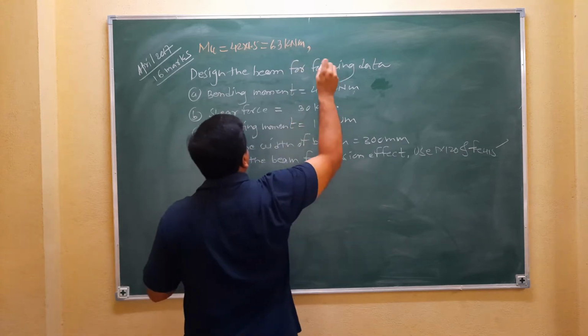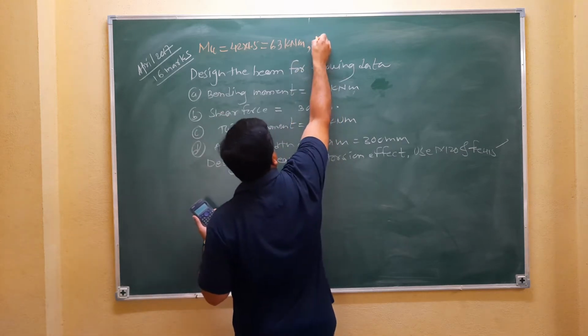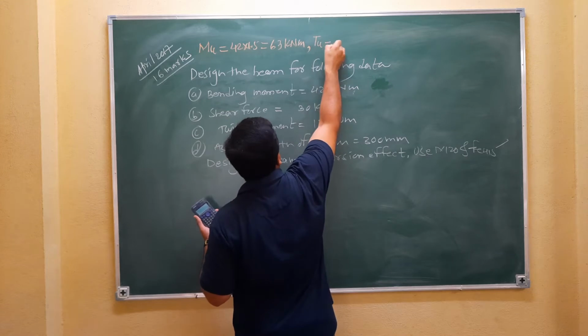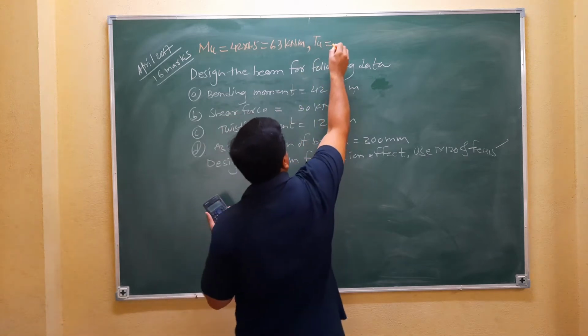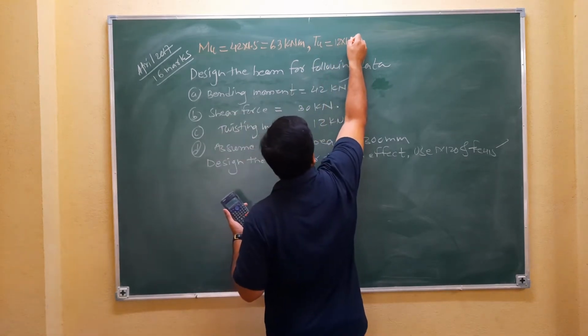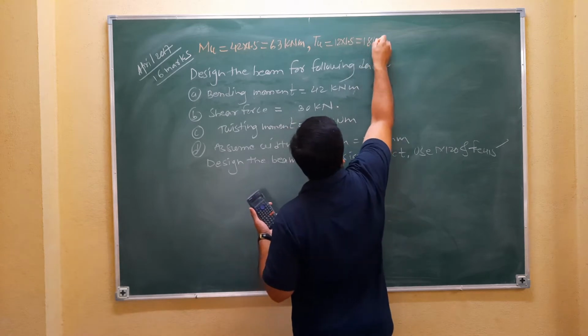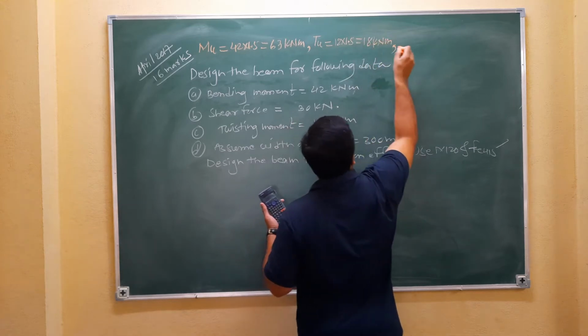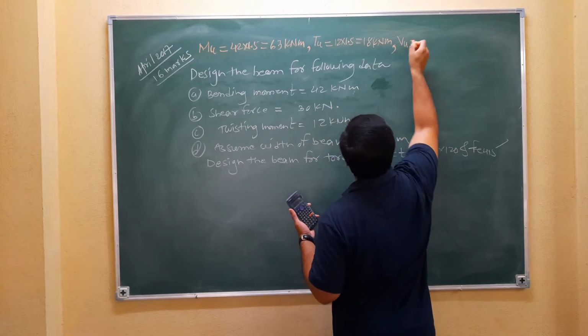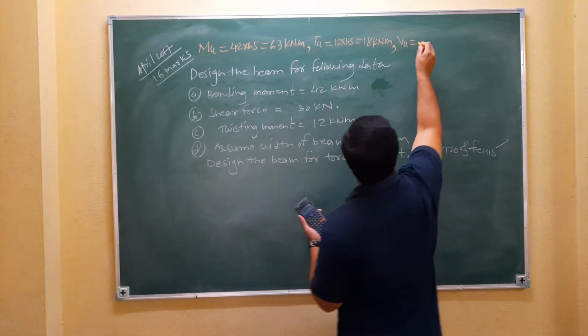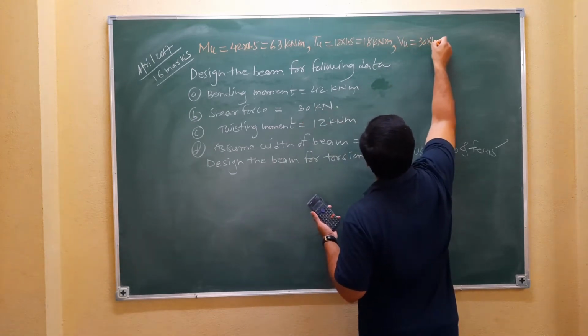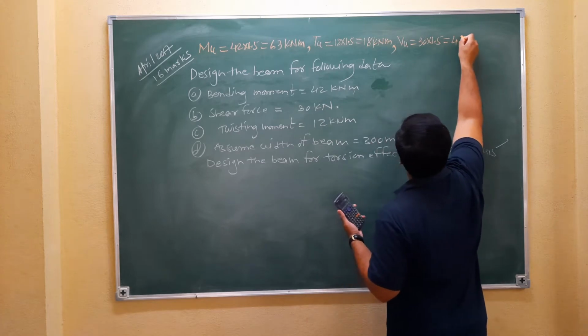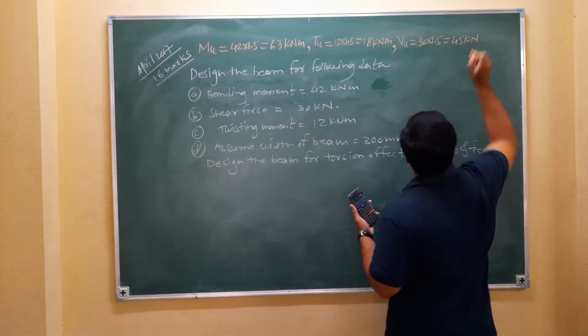kilonewton meter. Then torsional moment Tu, 12 into 1.5 is 18 kilonewton meter. Shear force Vu is 30 into 1.5, it is 45 kilonewton.